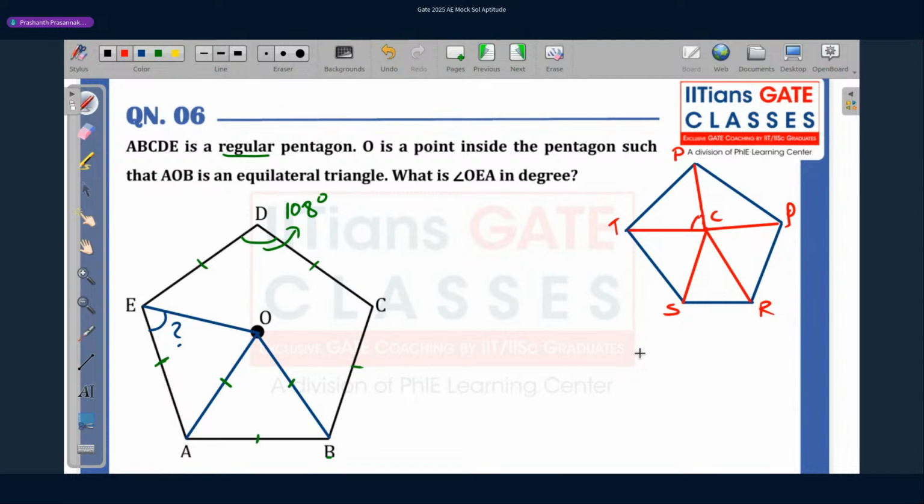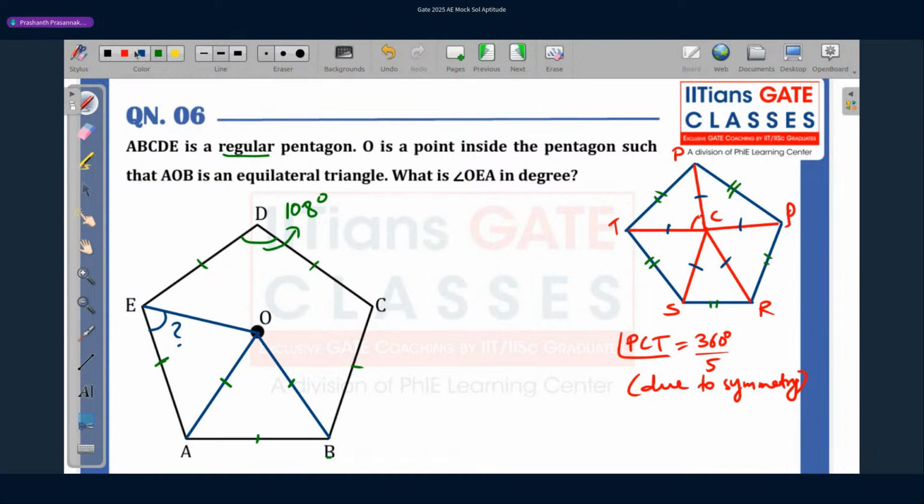360 by 5. Yeah. Angle PCT is equal to 360 degrees divided by 5. This is due to symmetry. And also due to symmetry, these 5 side lengths are equal, and also these 5 are equal. Correct?